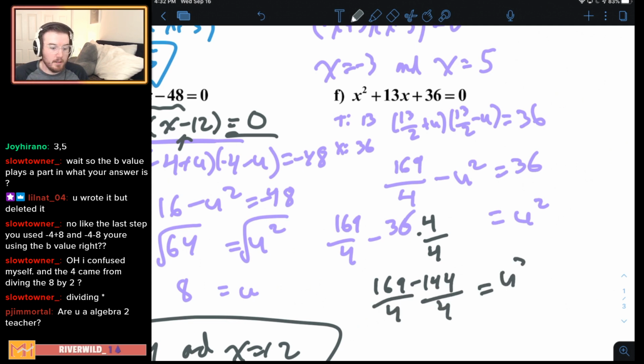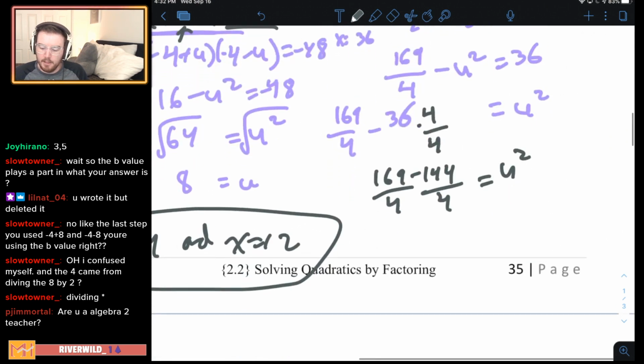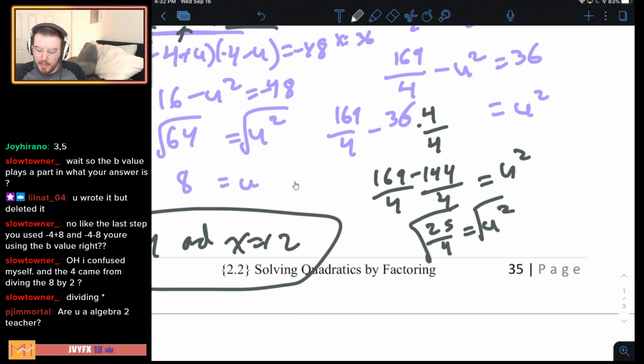I had to type that into a calculator. And 169 minus 144 is 25 fourths. When I take the square root, I end up with 5 halves equals u.